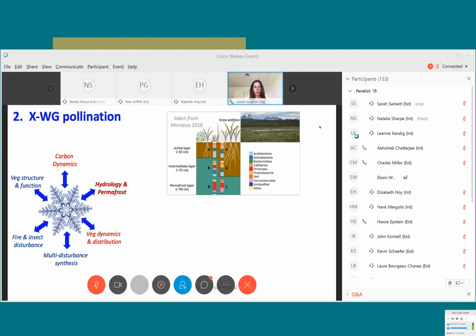So to give an example of what seems to be the most pressing need, and perhaps the most obvious one, is a link between the snowscape group and hydrology in permafrost. We know from long-term studies, and this example here is taken from a paper by Monteau et al., that snow depth, for example, that's shown in this figure here, is really important to controlling the depth of the active layer, where deeper snow leads to deeper active layers.